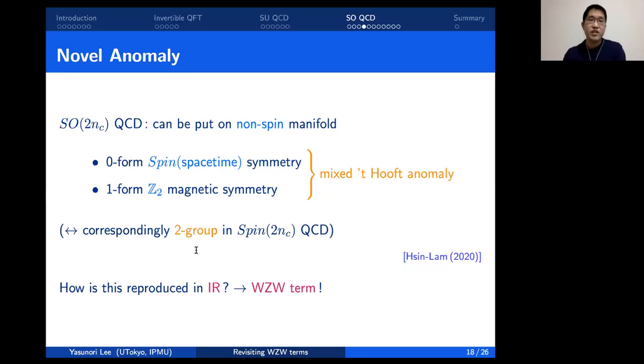And in fact, it turns out that the Wess-Zumino-Witten term is responsible for this anomaly matching. In short, the Wess-Zumino-Witten term on non-spin manifolds is actually well defined at first for even colors, but when we gauge both of these symmetries, it becomes ill-defined. And this signals the impossibility of gauging, which is exactly the mixed 't Hooft anomaly. So that's the rough story.